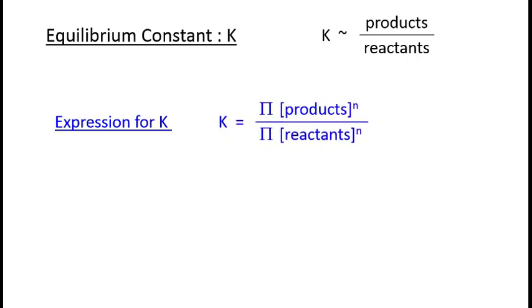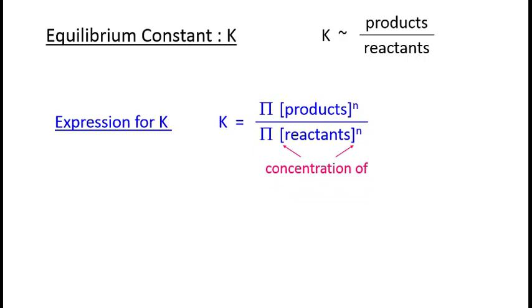The capital Pi's in the expression indicate the product of, or multiplying together. That is, of course, different than if you saw a capital sigma, which would indicate the sum of or addition. Here it is multiplication. The square brackets represent concentration of.